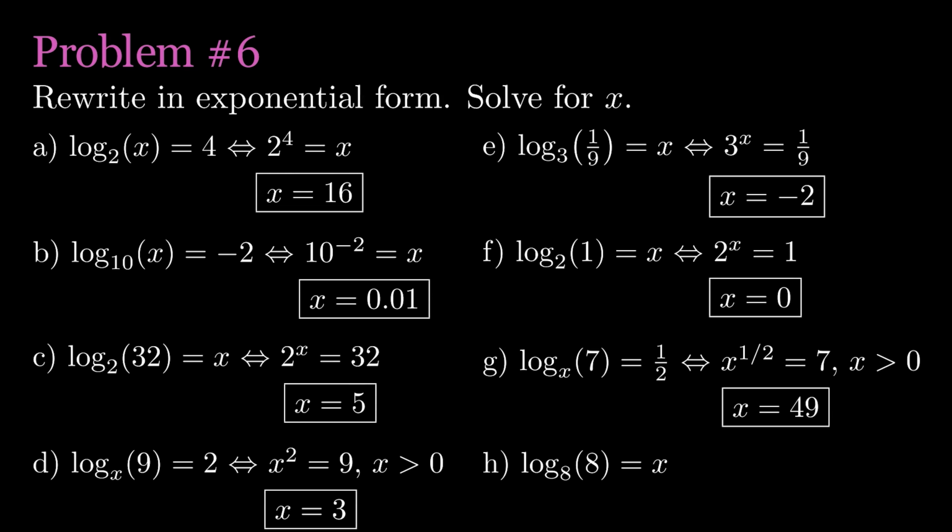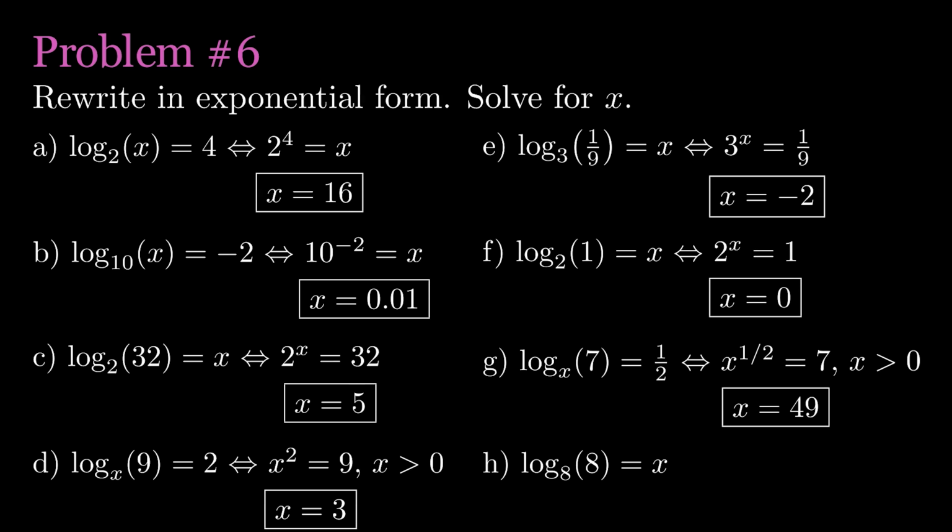Finally, in part H, we have log base 8 of 8 equals x. 8 is the base of the logarithm, that becomes the base of the exponential. X is the value of the logarithm, which becomes the value of the exponent in the exponential form. And the input of the logarithm is 8 and becomes the value of the exponential in the exponential form.